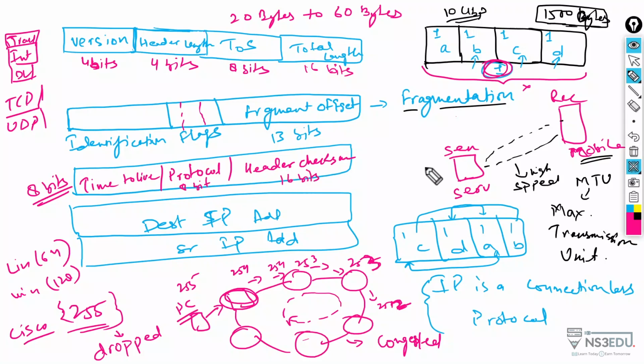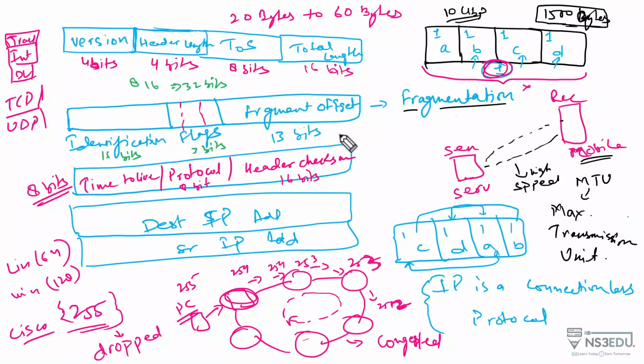Now if you pay some attention here, I've listed all these in a particular way, and I'm going to explain why I have done that. If you add these 4 bits, which means 8, here 8 which means 16, and here 16 means 32 bits. Again identification, flags and 13 bits: this is 3 bits here and 16 bits here. You add it up, 13 plus 3 is 16, 16 plus 16 is 32 bits, isn't it?